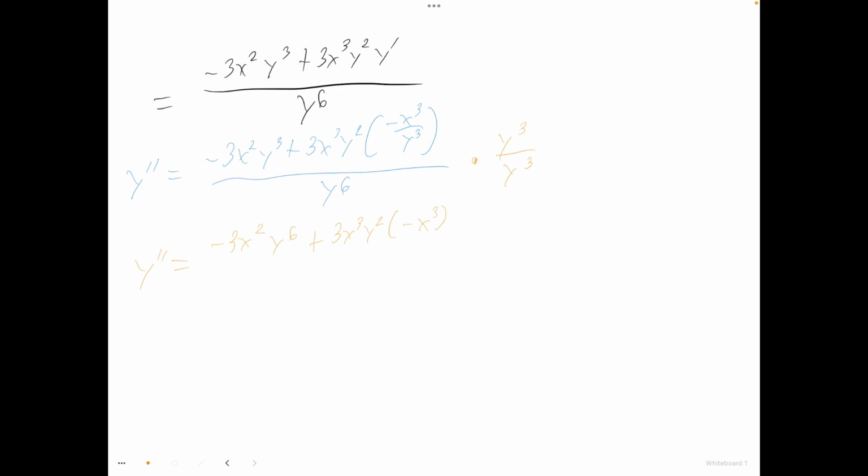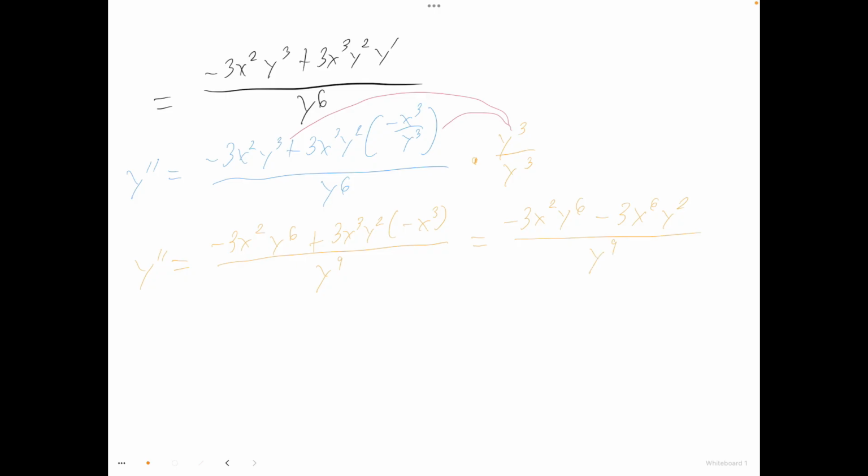We multiplied by y cubed, so those cancel. And so I am distributing this y cubed to both terms over the addition. And then on the bottom, we're going to get y to the ninth, just adding exponents. So this becomes negative 3x squared y to the sixth minus 3x to the sixth y squared divided by y to the ninth.